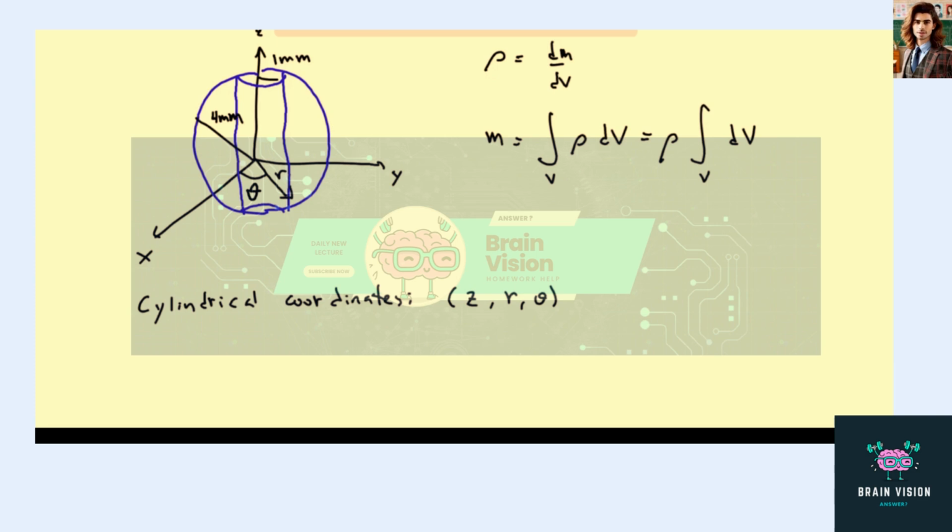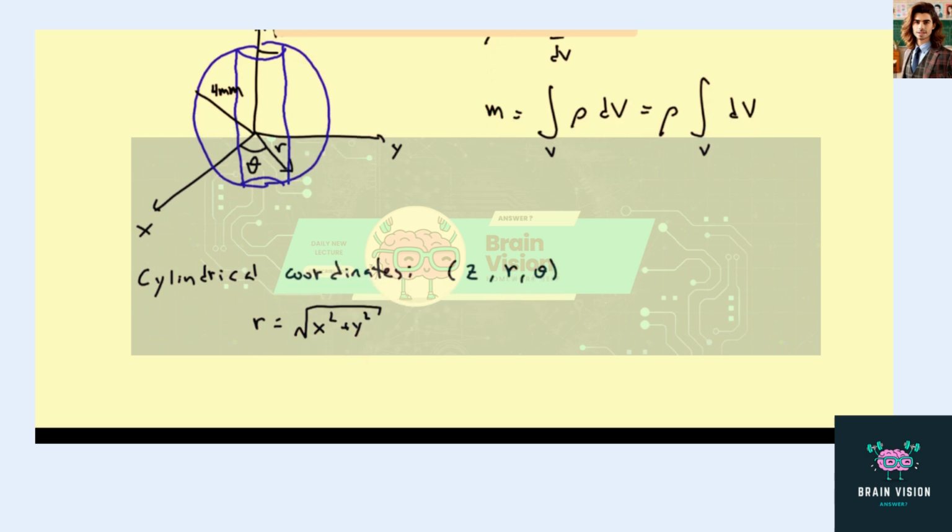So in cylindrical coordinates, the radius is equal to the square root of x squared plus y squared, as opposed to spherical coordinates, where the radius is equal to the square root of x squared plus y squared plus z squared.